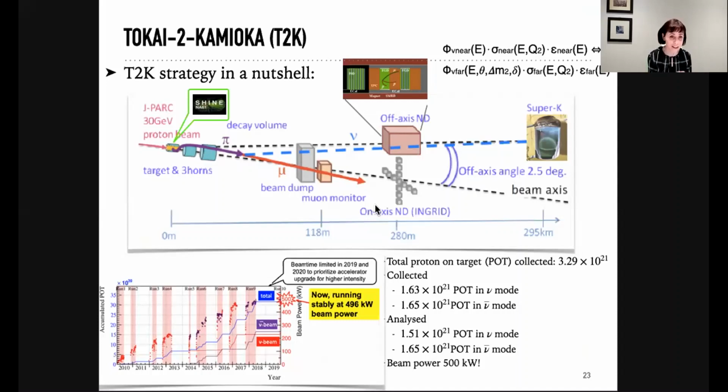You need a detector that determines those, and that is called a near detector. And then at a certain distance, in this case 100 meters away, in the US it's much bigger, thousands of kilometers away, you have a far detector where you determine the neutrinos after the oscillations.